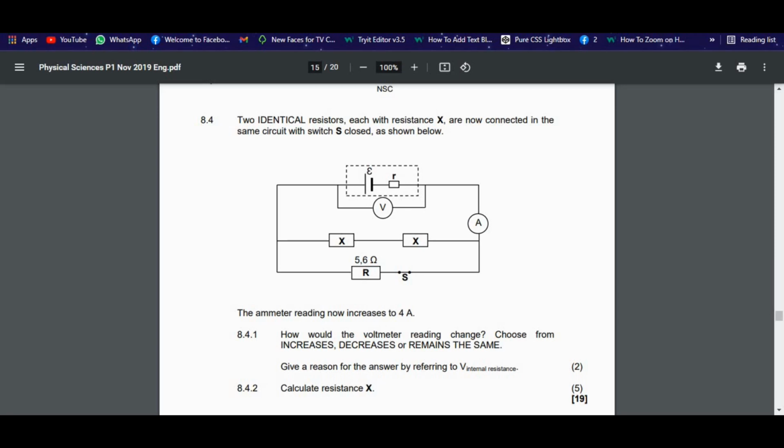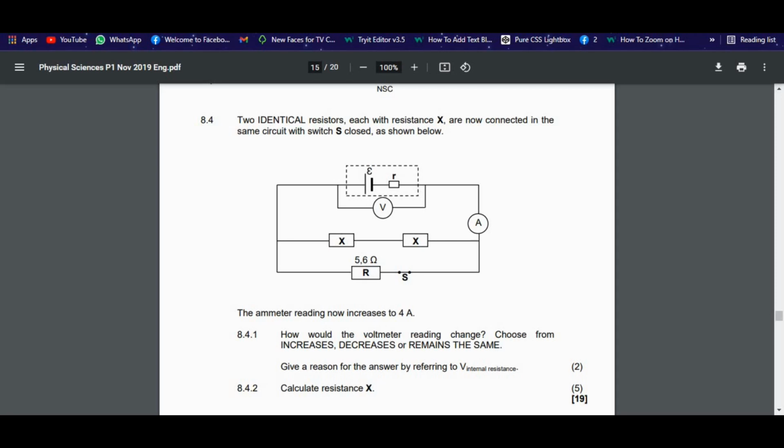Now they're trying to get theoretical with you. How will the voltmeter reading change? Would it increase, decrease, or remain the same? Give a reason for your answer by referring to V internal. V internal is the same as the current times the internal resistance, I times little r.